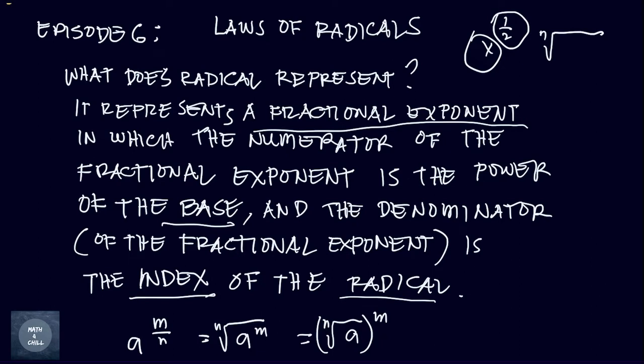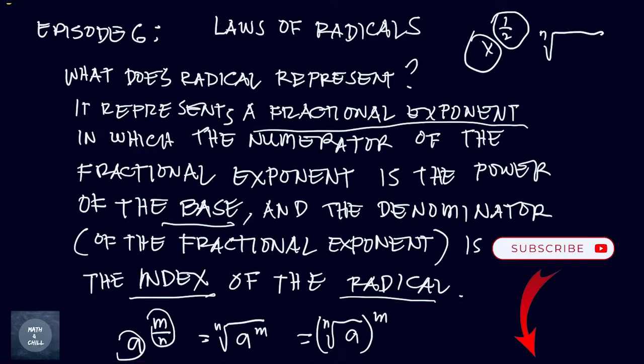So kung ato na siyang ikuan sa expression, ang iyang result, if naa tay a raised to m over n, again, this is a fractional exponent. Muna ito ang base. Equal na siya sa the nth root of a raised to m. So ang atong exponent muna siya m, numerator.